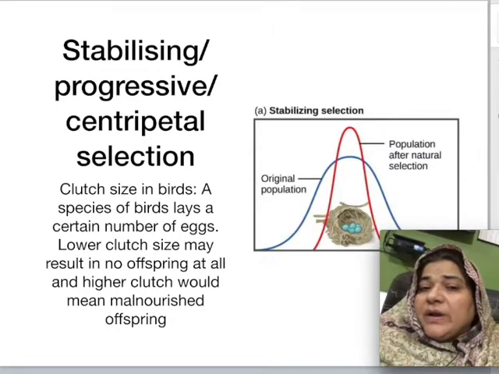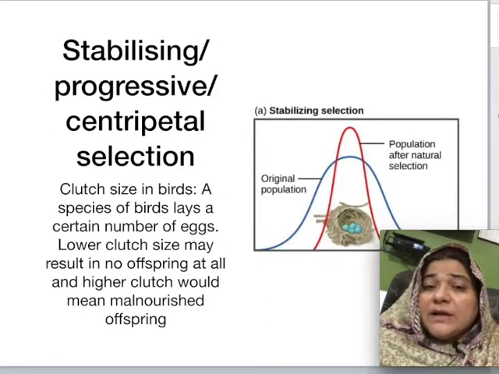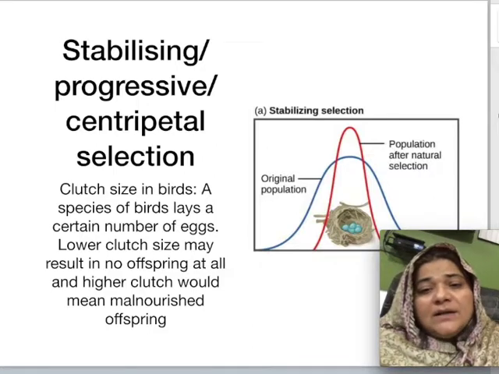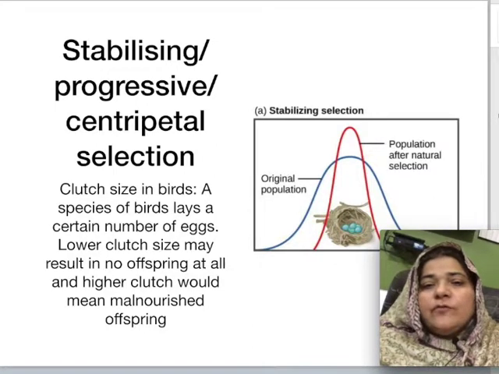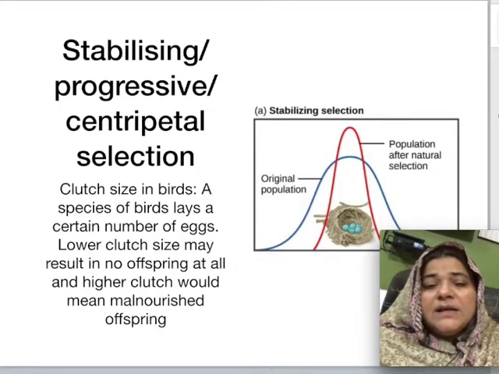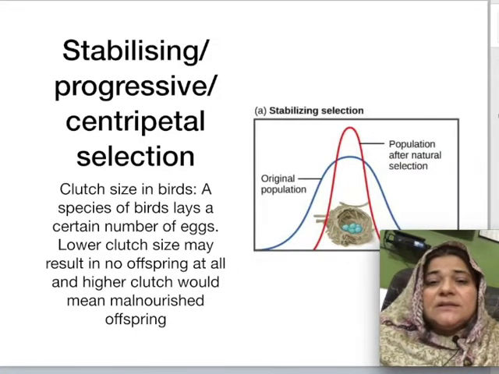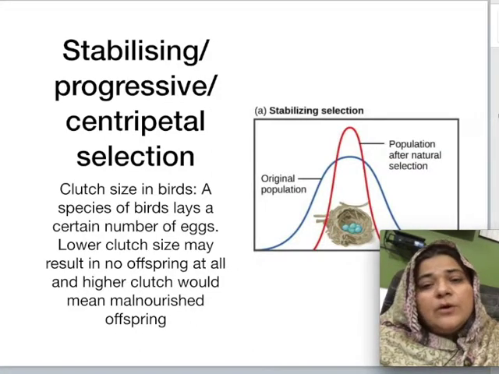So the one extreme of low clutch size is not preferred by natural selection, and on the other hand there is an extreme of high clutch size. Now if instead of 4 this species of bird starts producing 6, 8, 10 eggs, this will be the other extreme.